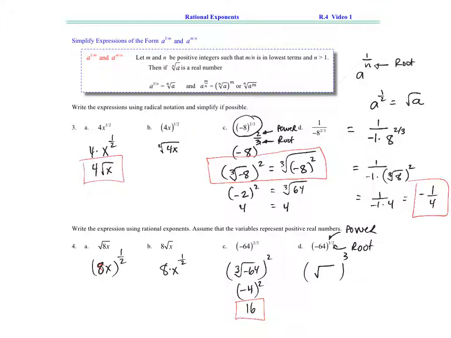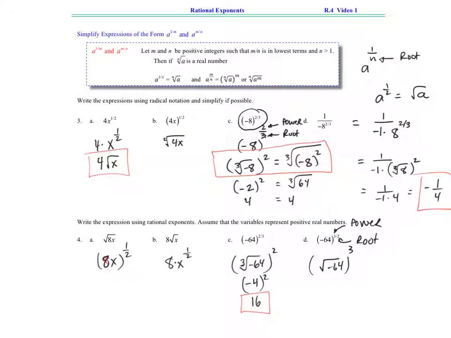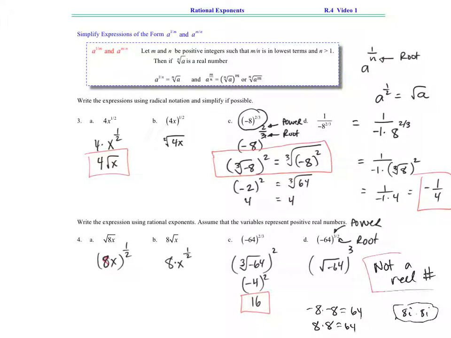So we're taking the square root of -64 and then cubing that. The square root of -64 is actually not a real number, because -8 times -8 gives us +64, and 8 times 8 gives us 64. We need a new number system, and we'll get into complex numbers later in the course. But for right now, we would just say not a real number.